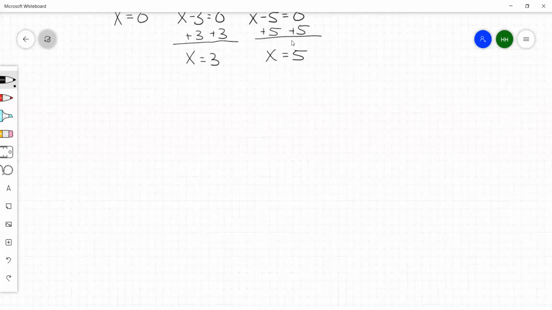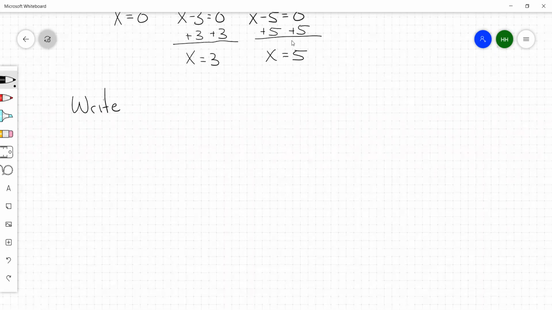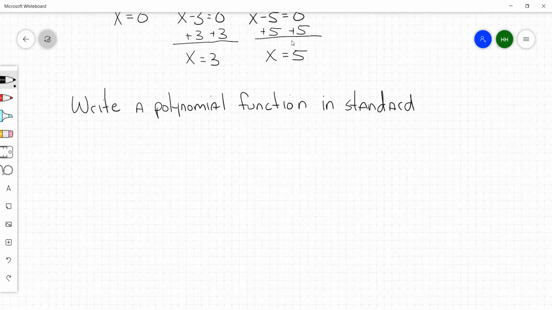In the third part of your assignment today, you're going to be asked to write a polynomial function in standard form with the given zeros.